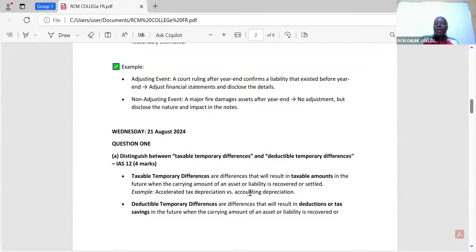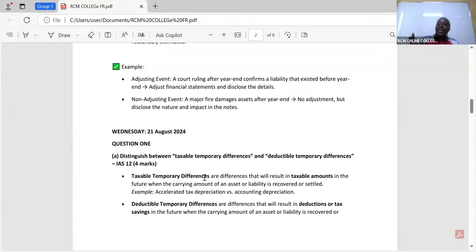But ladies and gentlemen, remember at the end of the day, if this temporary difference is taxable, it always results in a gain. And you have to pay tax in the future. For taxable temporary differences, you have your tax base and your carrying amount. When you subtract them, there is a difference you will get.